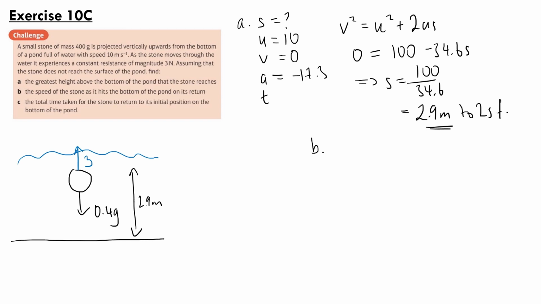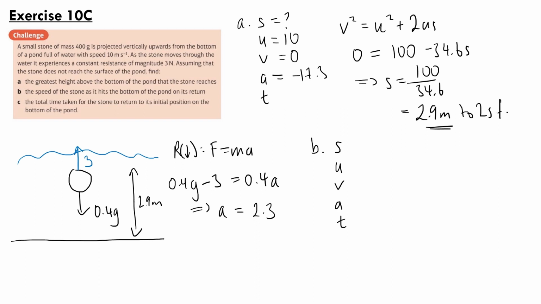So resolving downwards using F equals ma, we have that 0.4g minus 3 is equal to the mass of the stone, 0.4, times the acceleration. So this time the acceleration is equal to (0.4 times 9.8 minus 3) over 0.4, which is equal to 2.3.